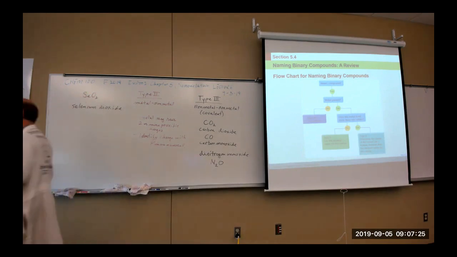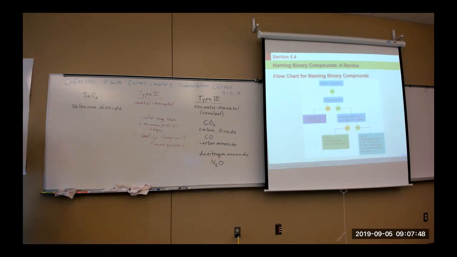If it's fixed charge, it comes from here, here, or here, and that's type 1. If it's not fixed, it's type 2. Type 1, fixed charge. Type 2, variable charge.